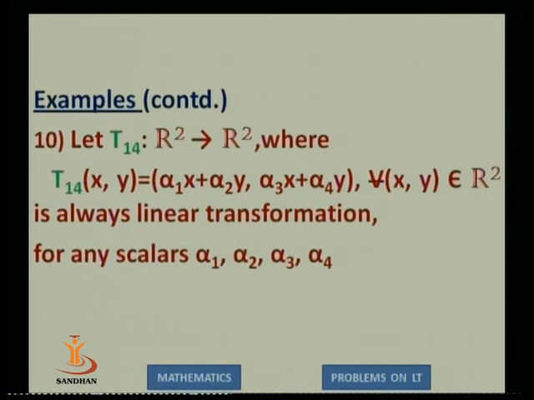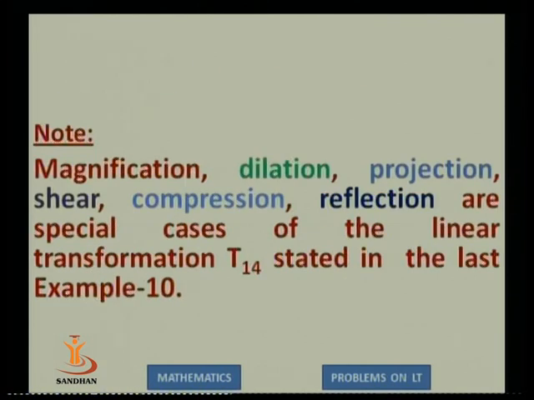This function T14 is a linear transformation for any scalars alpha1, alpha2, alpha3 and alpha4. So we make a note here: magnification, dilation, projection, shear, compression and reflection are special cases of the linear transformation T14 stated in the last example.